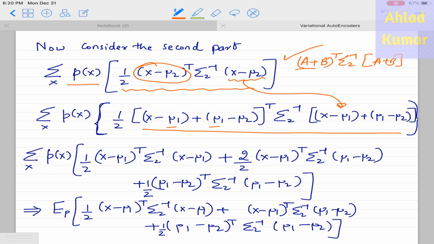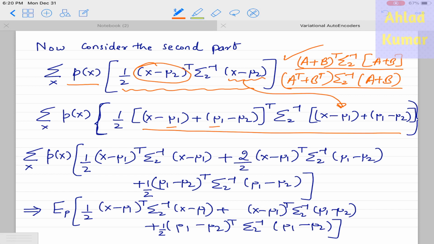We are expanding this, and this is very easy: it is (A transpose plus B transpose) sigma 2 inverse (A plus B). You just expand this by multiplying the terms together, and you can note that there are 4 terms, out of which 2 terms are the same.